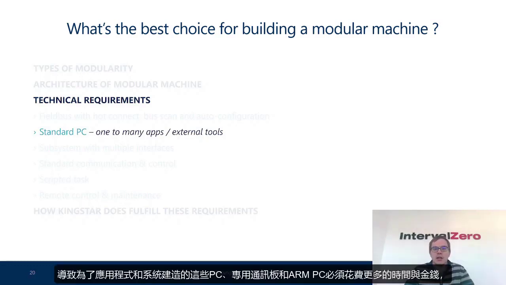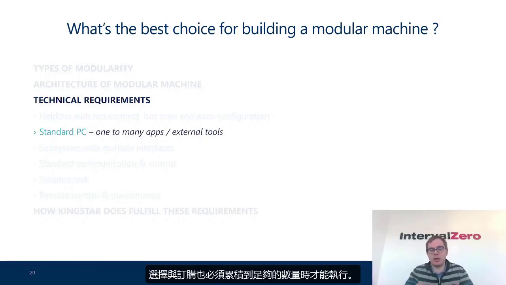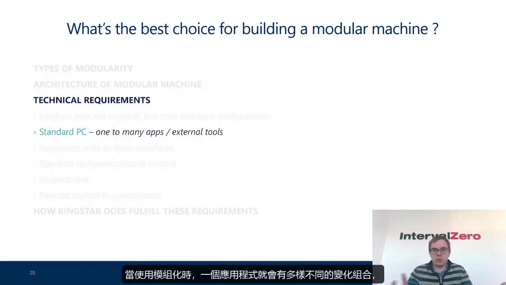And in this case, it is much more expensive in time and in price to build these dedicated boards and dedicated ARM PCs built for your application, for your system. You have to select them, order them, and it's only worth it when there's enough volume. So when you do modular, you will have many different variations for one single application. So a standard PC becomes the simplest solution, what you save in time and usually in cost too.